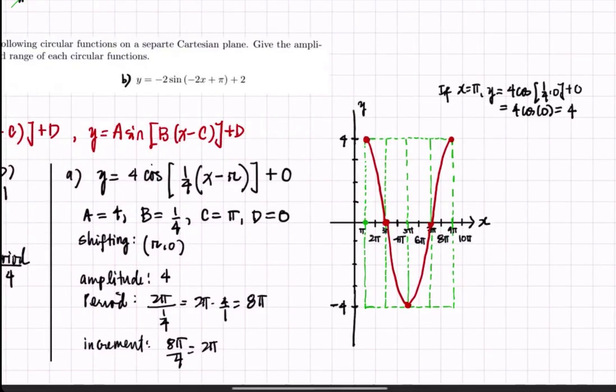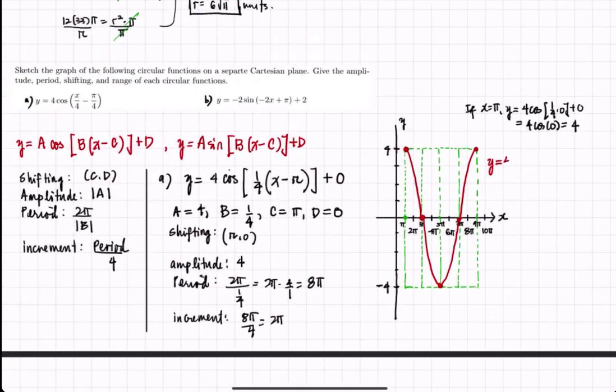So, yan yung graph ni y equal to, ano yung binigay? 4 cosine pi over 4x minus pi over 4. Okay, questions dun sa unang graph. Ganito lang gagawin natin sa lahat. Okay, so paulit-ulit lang siya.